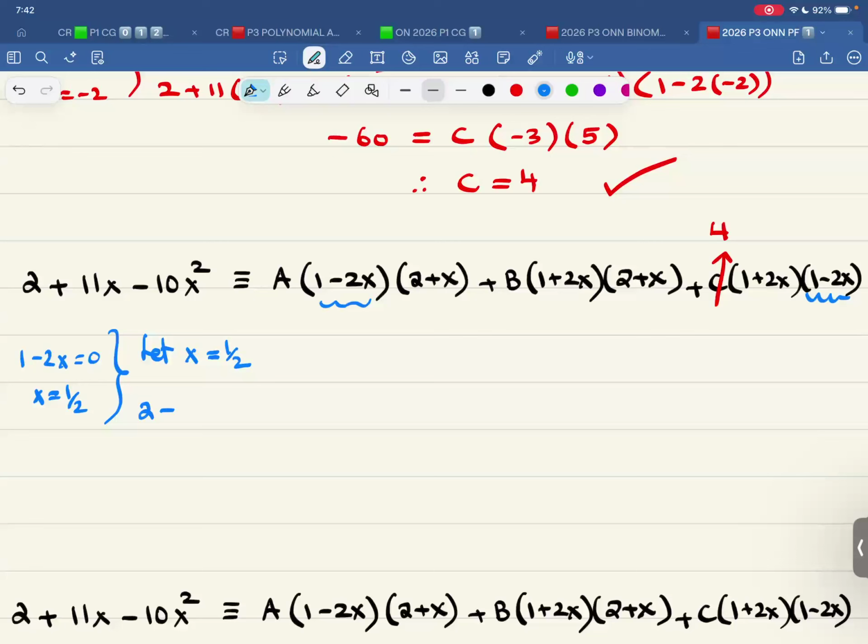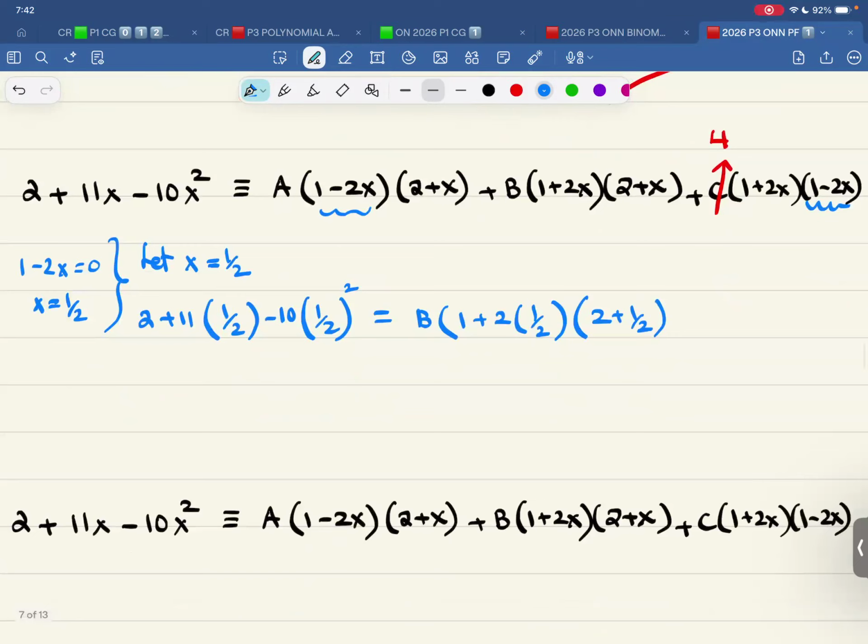So this is 2 plus 11 into half minus 10 into half square. Can someone please simplify this? That is equal to a disappears, c disappears, b is 1 plus 2 into half, and this is 2 plus half. So this is b into 1 plus 1 is 2, and 2 plus half is 5/2.